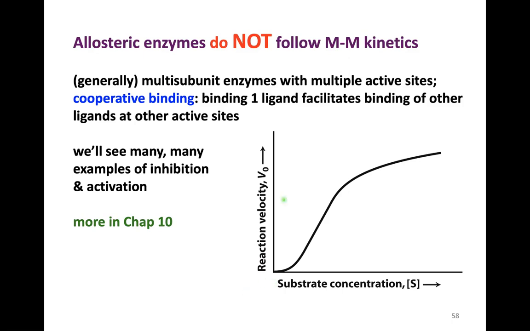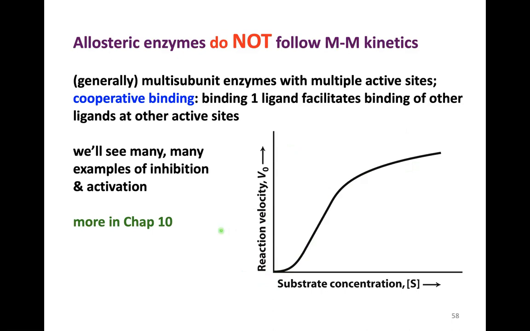And instead of that hyperbolic shape that we saw with the Michaelis-Menten model, an allosteric enzyme does not follow Michaelis-Menten kinetics, which you can easily see by the sigmoidal shape. The sigmoidal shape indicates cooperative binding.